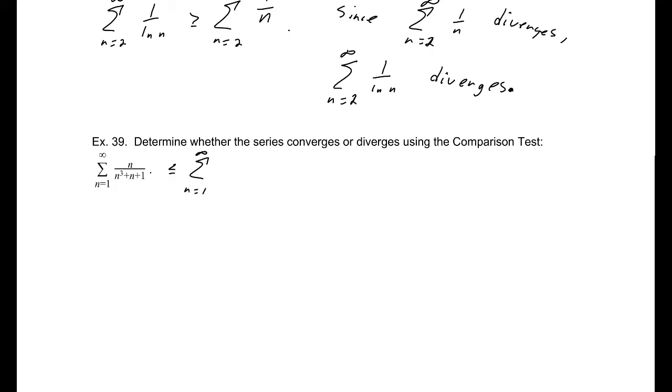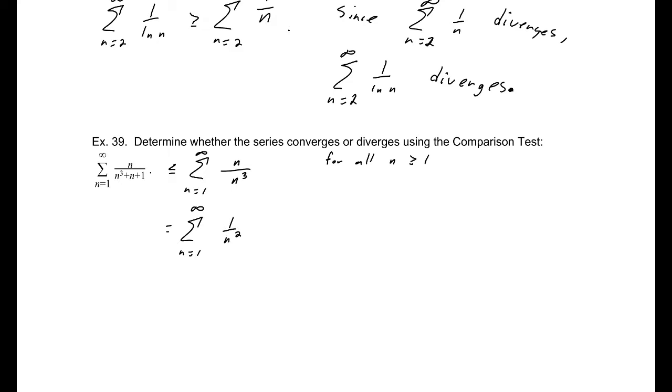The sum from 1 to infinity of n over n cubed, that is definitely true for all n greater than or equal to 1. But then this is also equal to the sum from 1 to infinity of 1 over n squared. And that's just true in general.